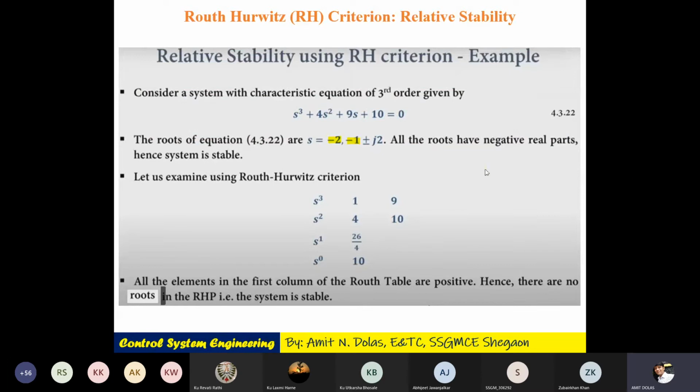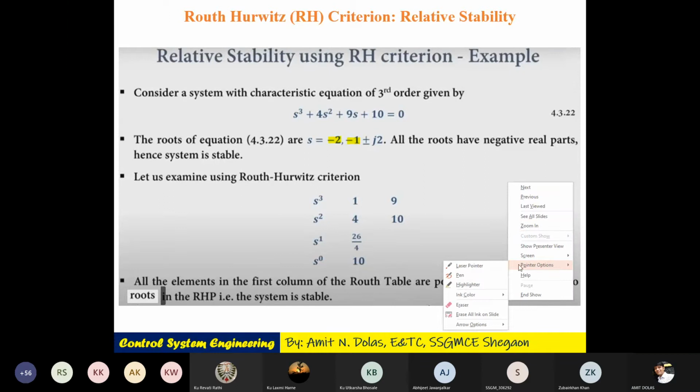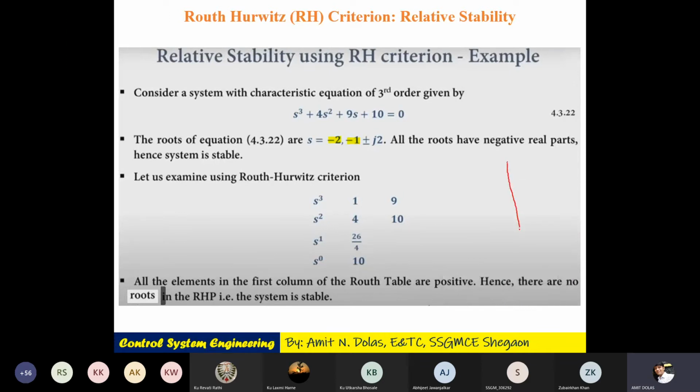So if you plot the S plane, then it will be here somewhere -2 and here will be -1. At -1 it is not direct; at -1 we have the coordinates minus j2 and plus j2, like this.